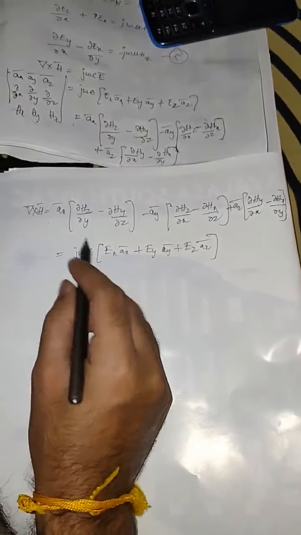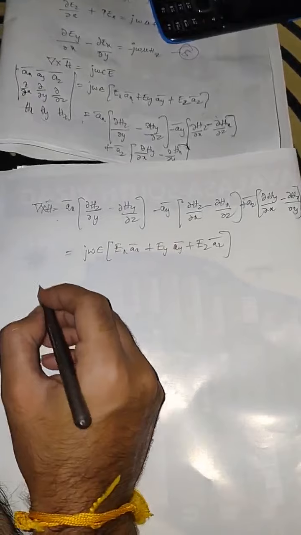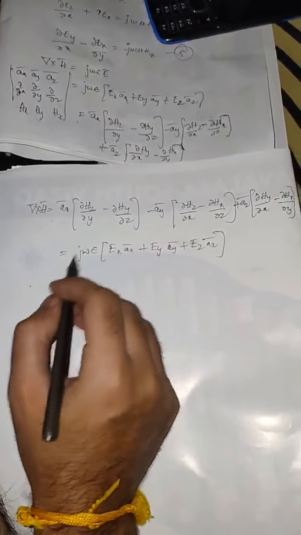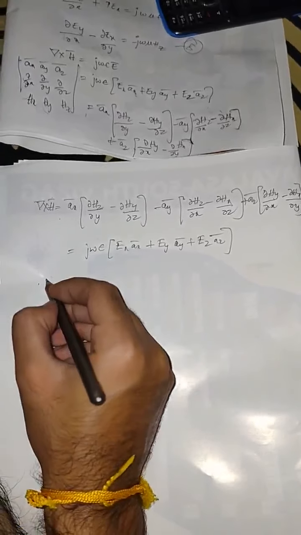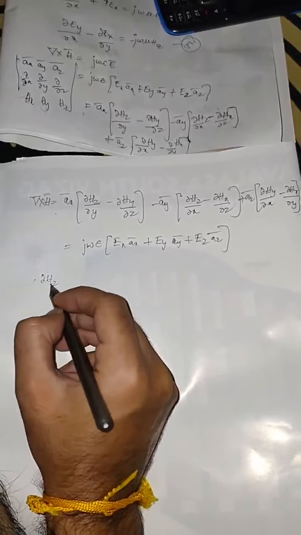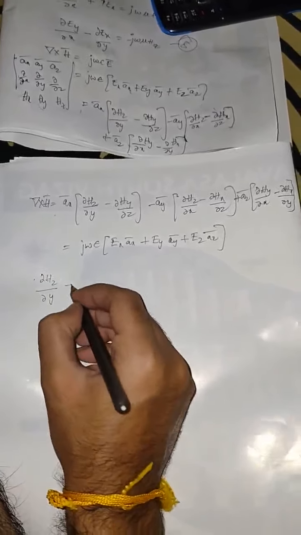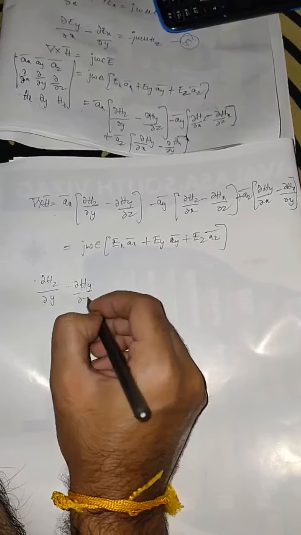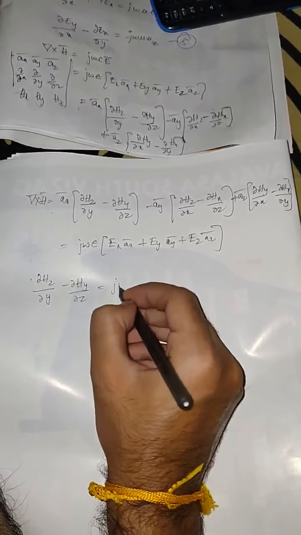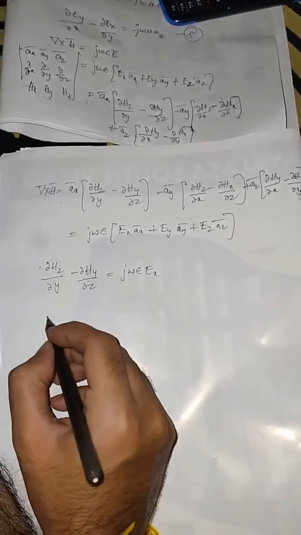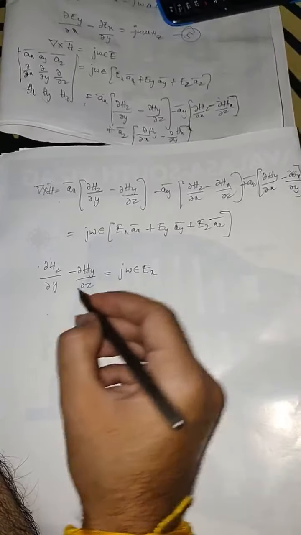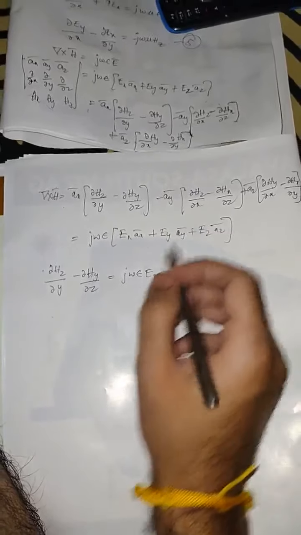Now equate these values, so the ax components are equated in this particular equation. So ∂Hz/∂y minus ∂Hy/∂z equals jωε Ex. Similarly, I can write another equation by equating the ay components.